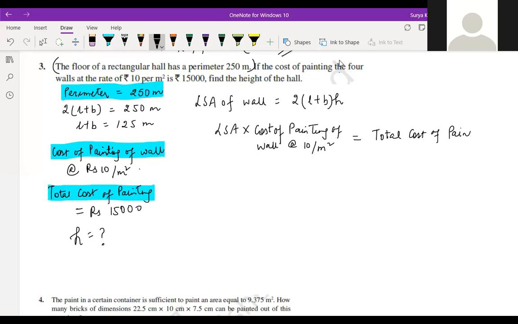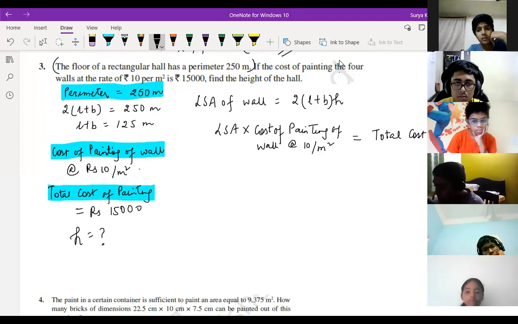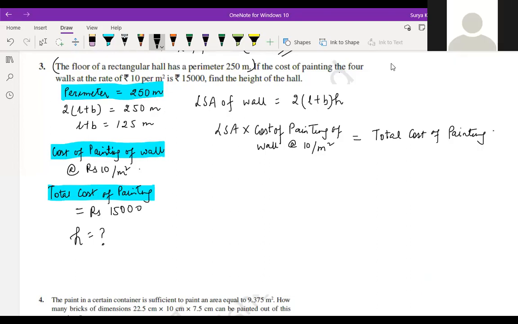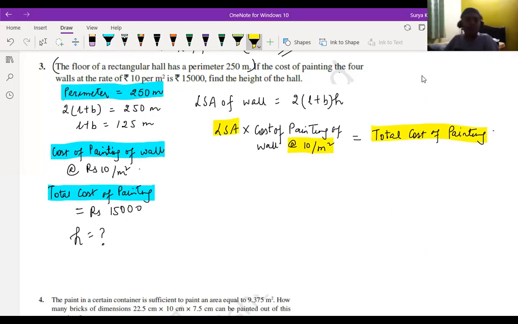Don't remember any formula. How to find total cost, you know or not? Simply what we are doing is, we are finding LSA multiplied by the cost of painting of wall at the rate per meter square, means 1 meter square cost. 1 meter square cost multiplied gives the total cost of the painting. This line is clear or not, children?